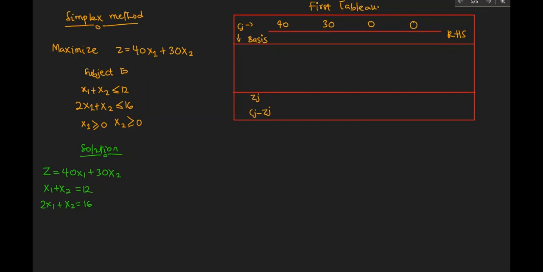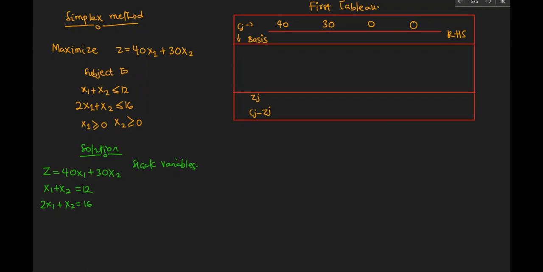Now what you're going to do is introduce some variables known as slack variables. We're going to add these variables to each of the equations that we have. But for the objective function, the slack variables don't contribute to the value that we get for z, so we make the coefficient of the slack variables 0.